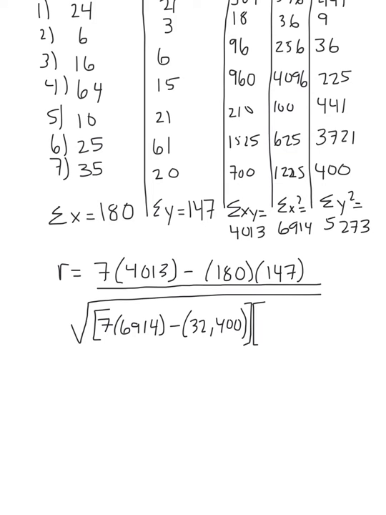And we multiply that by our sample size n times the sum of y squared, which is 5,273, minus the sum of y, squared. So this one we multiply 147 times 147, and that gives us 21,609.